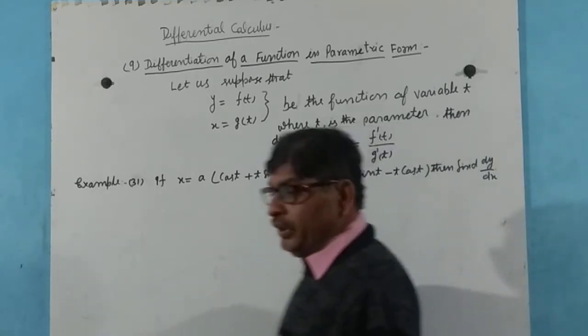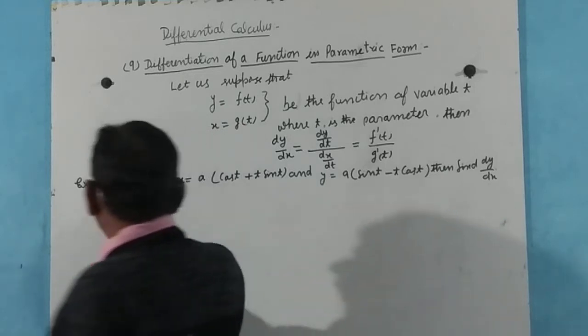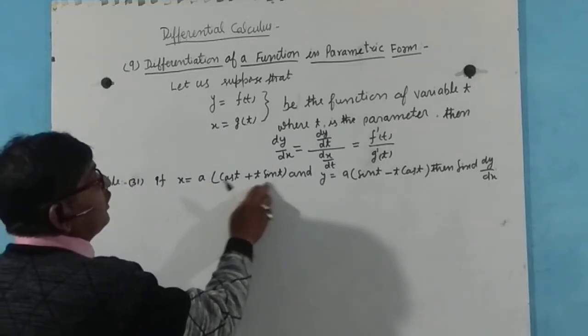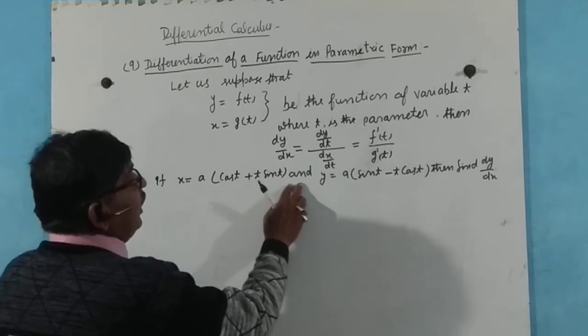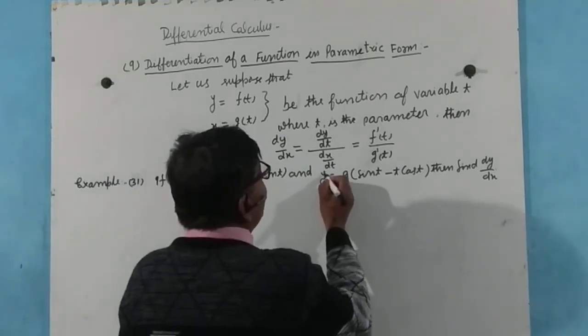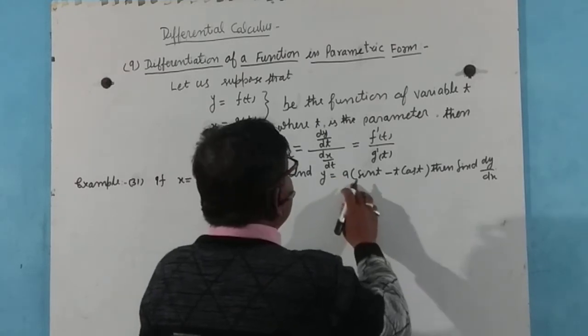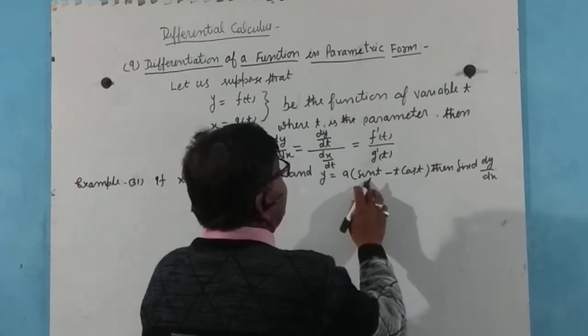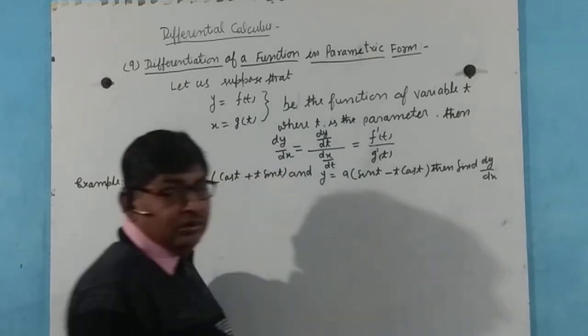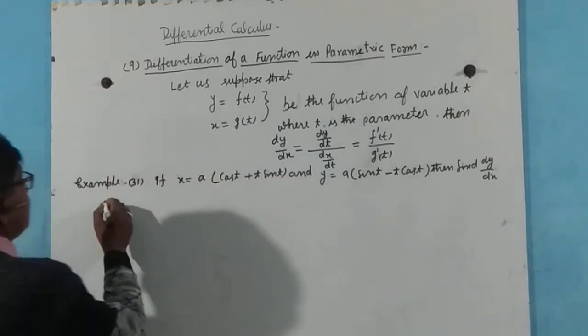Now we take example 31. If x is equal to a(cos t plus t sin t) and y equal to a(sin t minus t cos t), then find dy by dx.